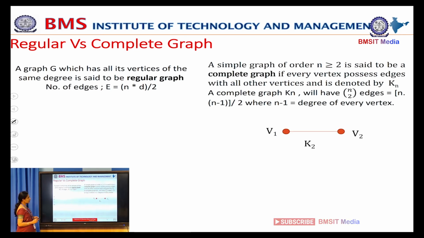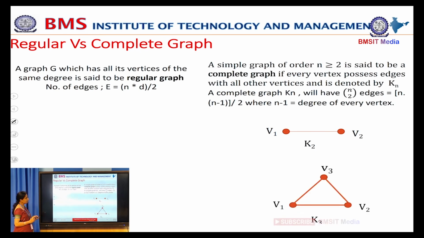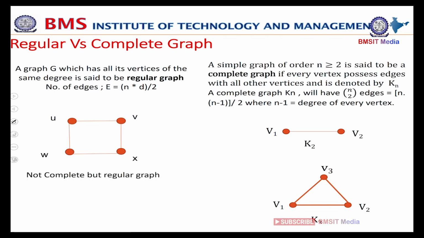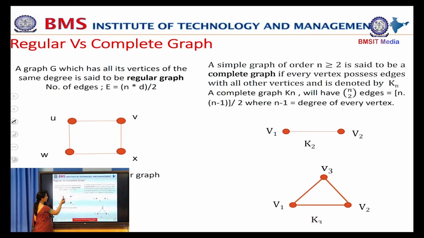So, here is an example of a complete graph K2, since in a complete graph we consider n greater than or equal to 2. So I have taken 2 vertices, and this is a complete graph. Similarly, K3 is a complete graph. Now when I take 4 vertices, this is not a complete graph because we have not connected u to x and v to w.